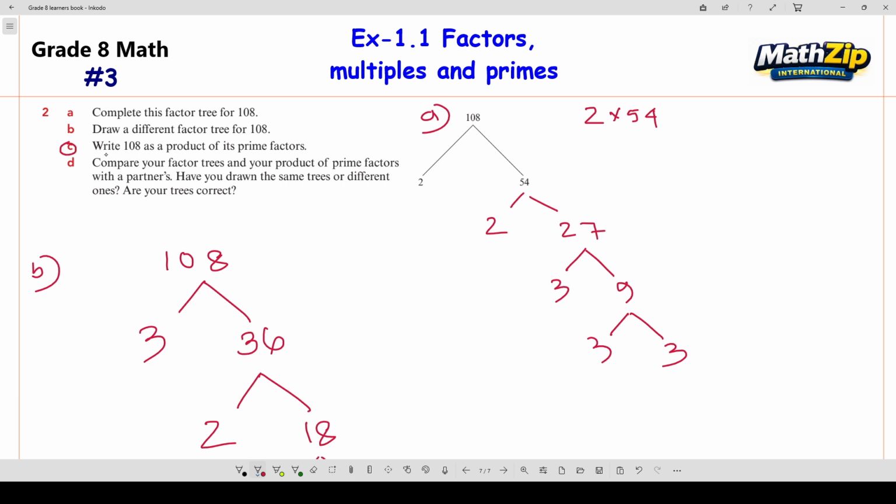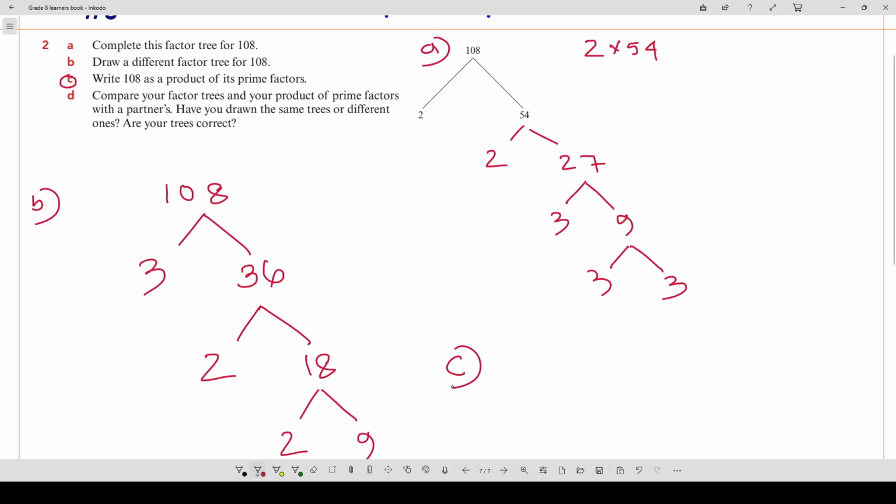Number C, write 108 as a product of its prime factors. Number C, prime factors of 108.